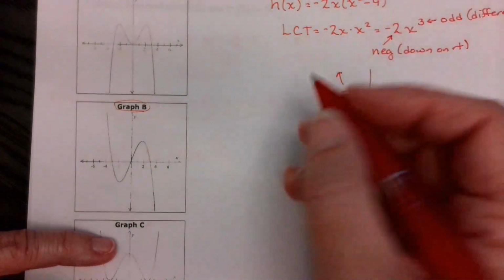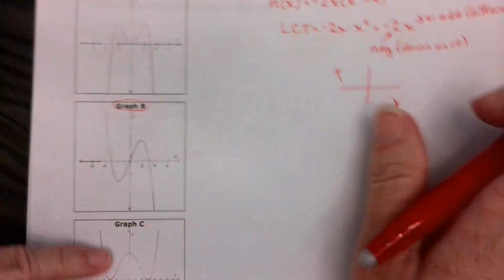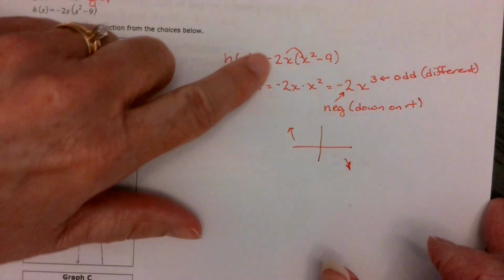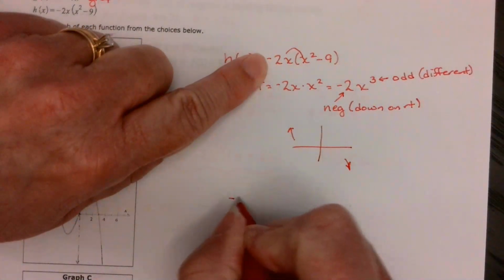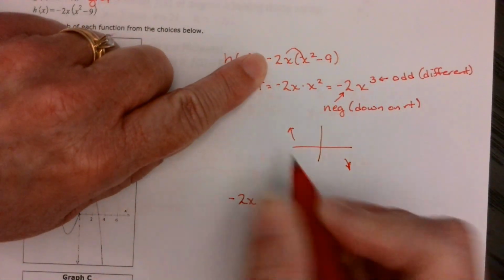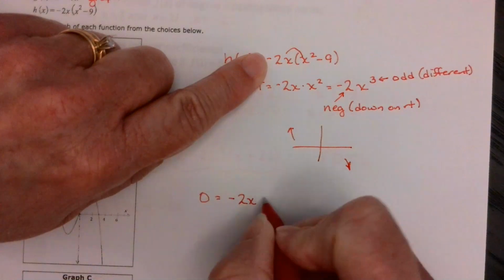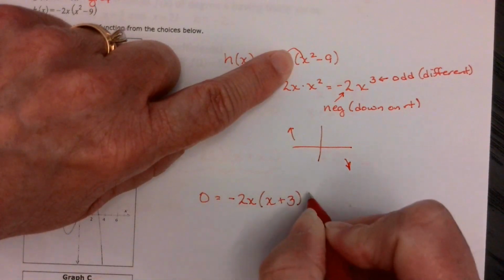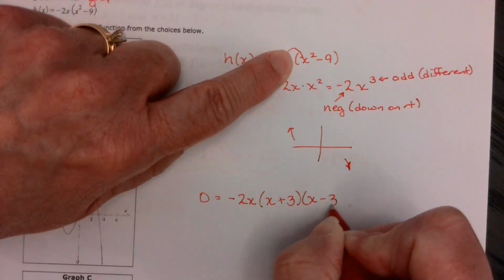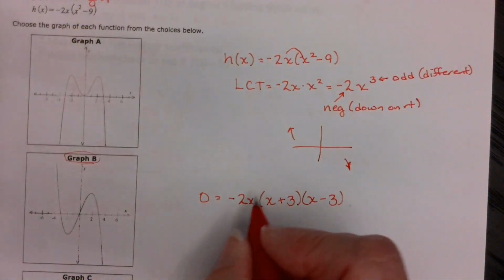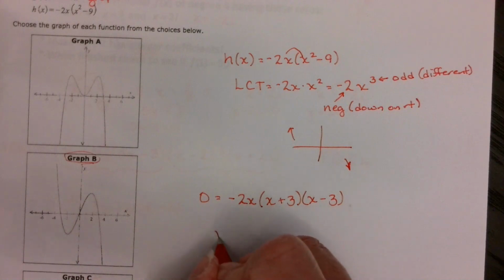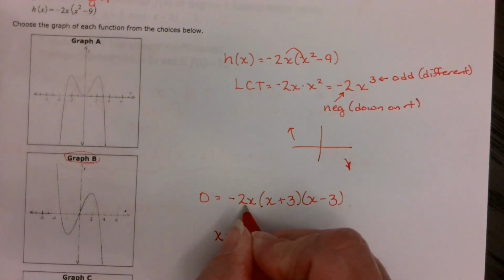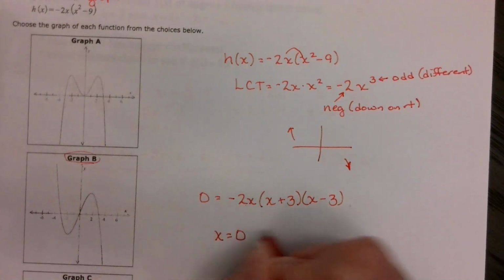So let's find our zeros. This is already factored for us, which is good. Well, it's partially factored. We have negative 2x, but this factors as x plus 3 and x minus 3. That has an x in it. So if I set this equal to 0 and solved, I'd get 0.